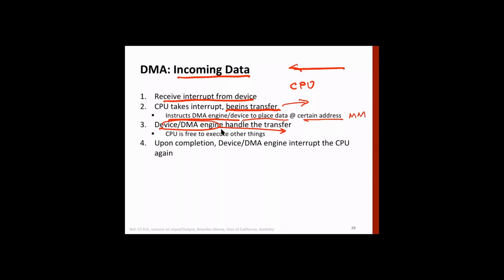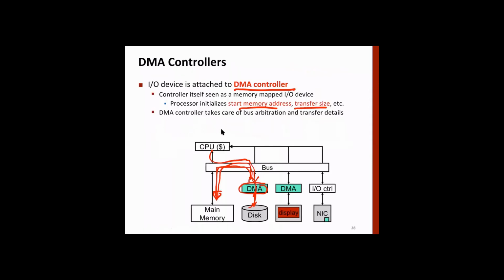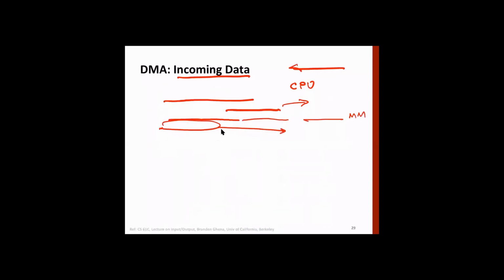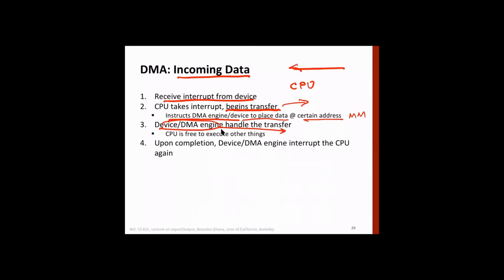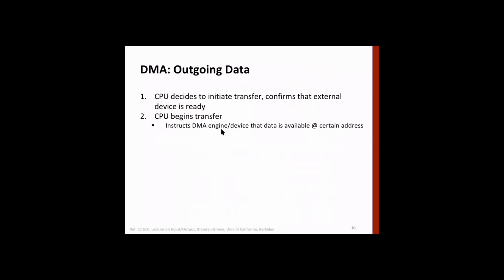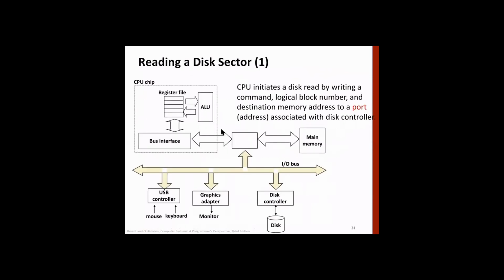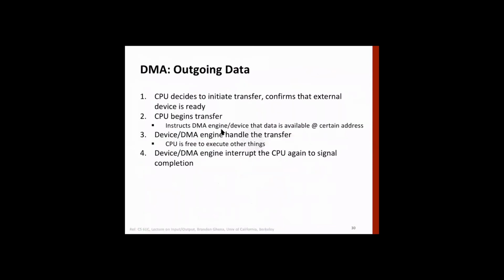And once this job is over, the controller with the disk will inform the CPU that the job is over. That's it. Similarly for outgoing data, exactly the same. There's no difference.